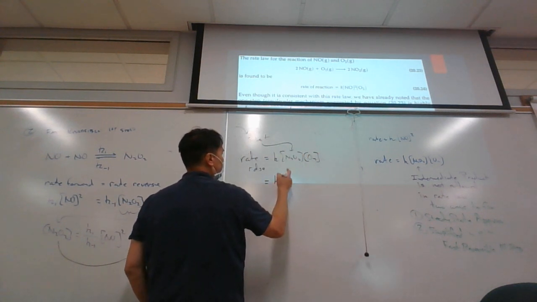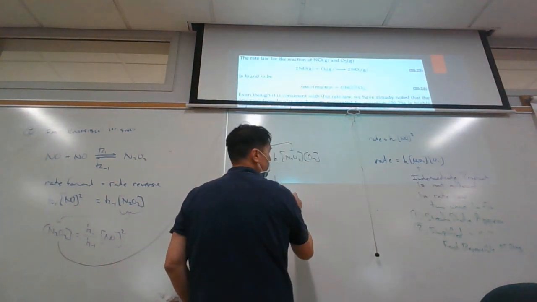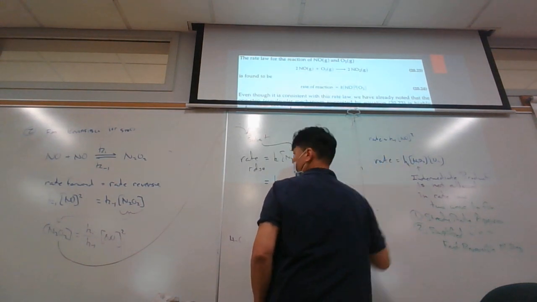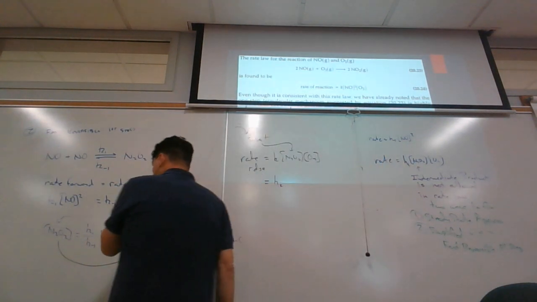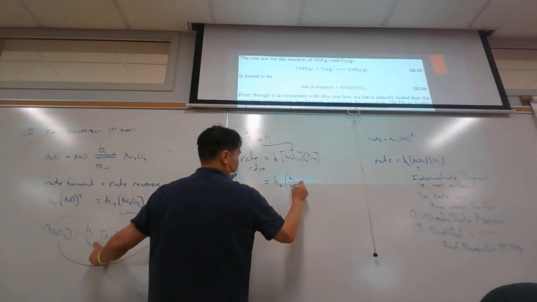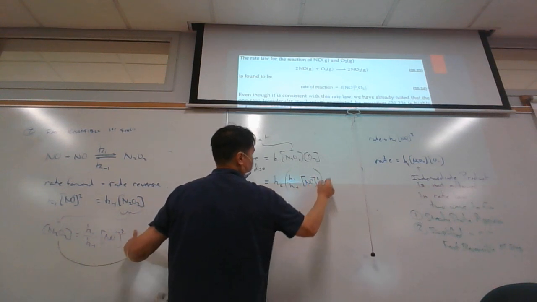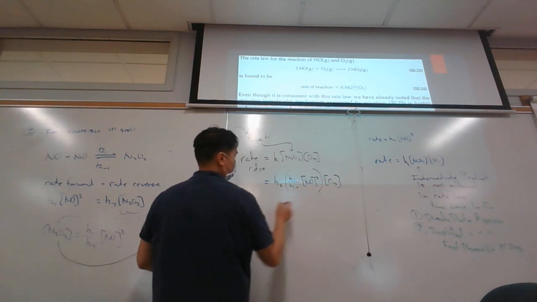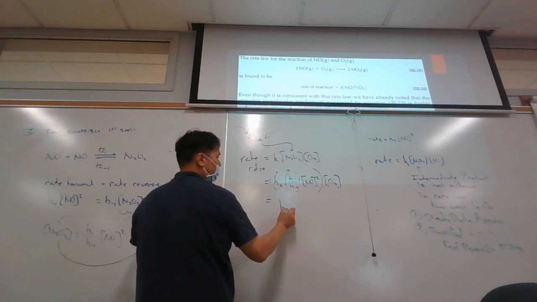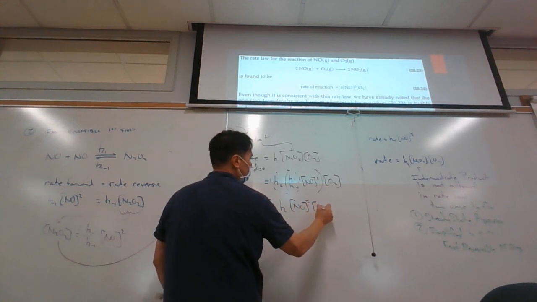So we're going to get K. It's actually going to be K2 in this case. That was step 2 of step 1. So K2 times this. K1 over K minus 1 times the NO concentration squared times the O2. And then what we're going to do is we're going to combine all the constants and just call that K. And so we'll get K NO squared times O2.